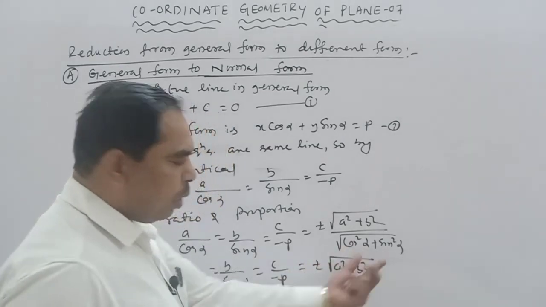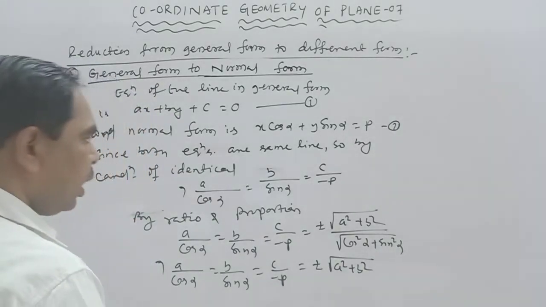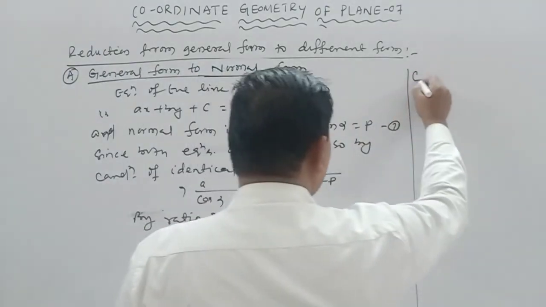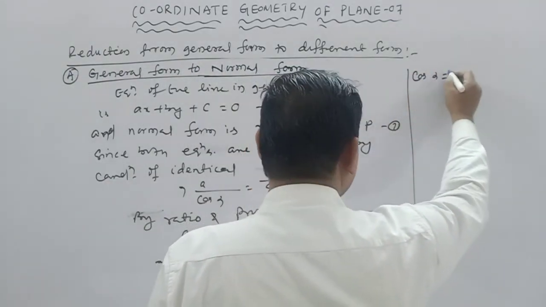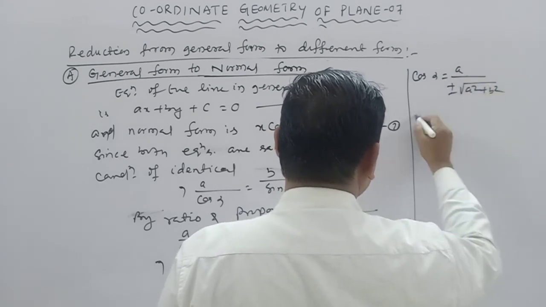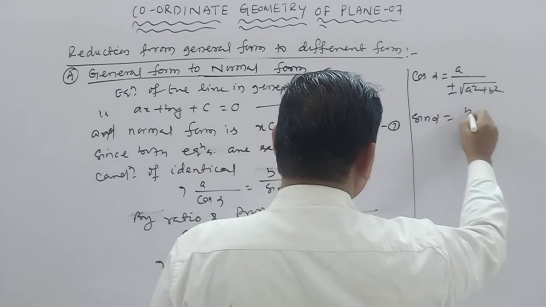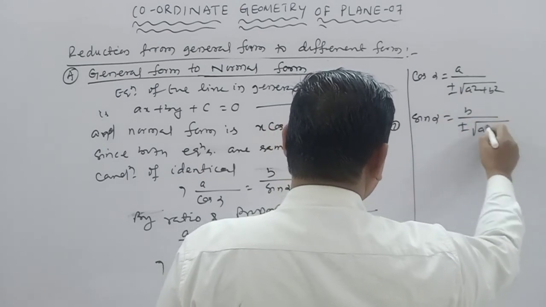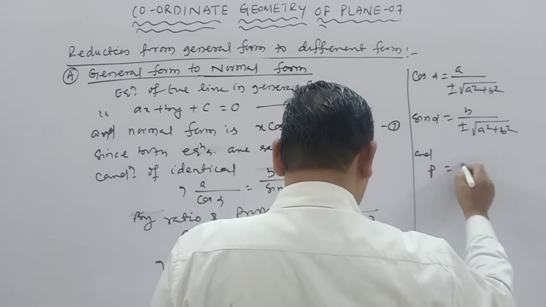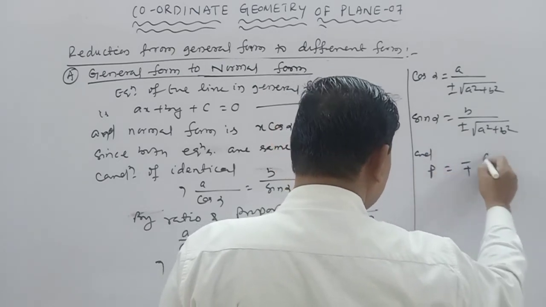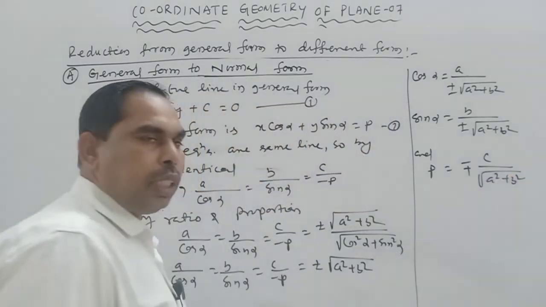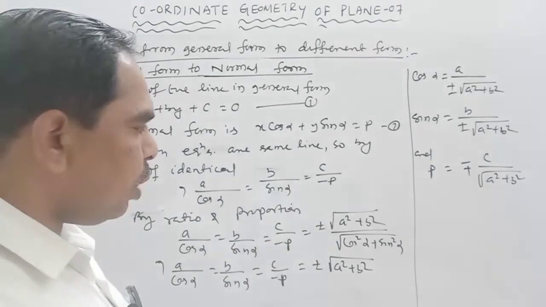Therefore cos alpha is equal to a by plus or minus square root of a square plus b square. Sin alpha is equal to b by plus or minus square root of a square plus b square, and p is equal to minus or plus c by root a square plus b square. Since p is a length, p is always taken as positive.